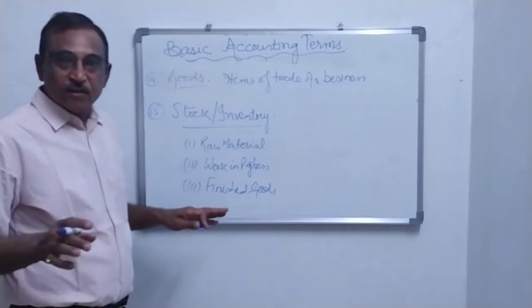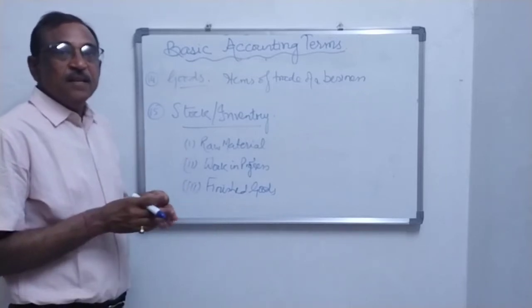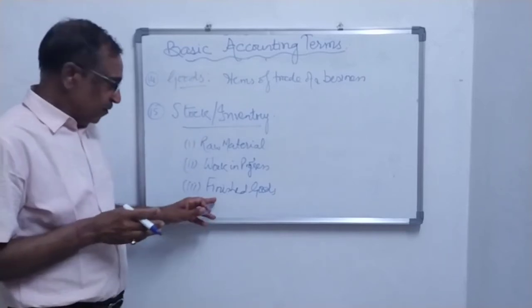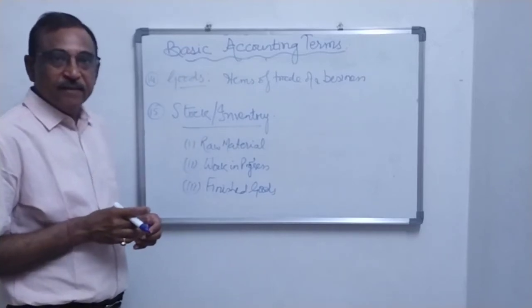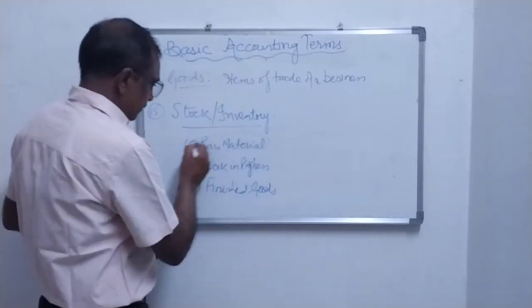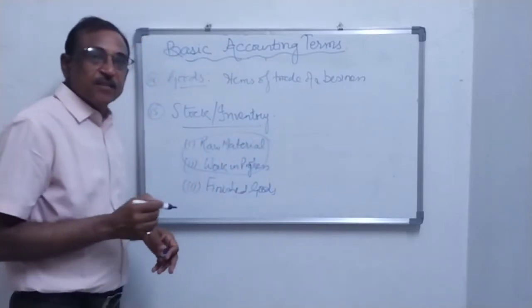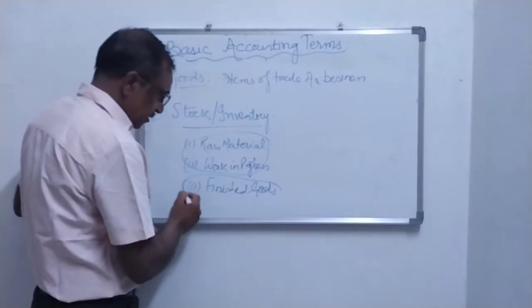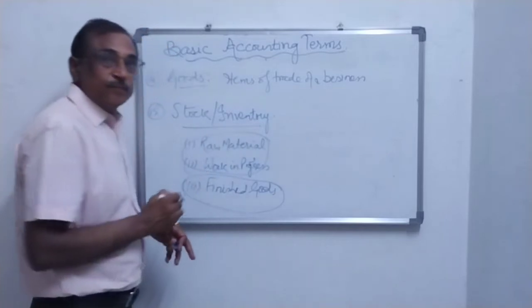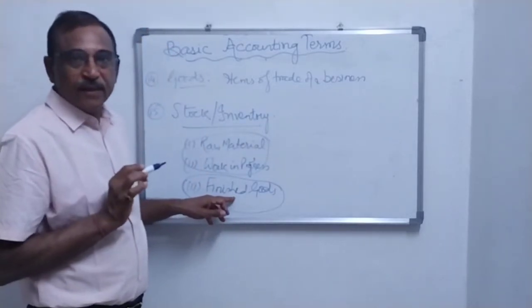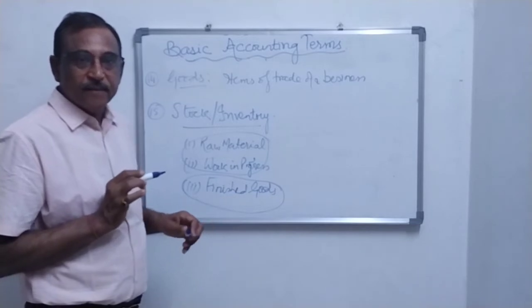So all the goods are not sold at a time. So whatever the stock lying at your end will be inventory of finished goods. Okay? Clear? And these are applicable only in case of manufacturing units. But in case of trading concern as well as in manufacturing unit, finished goods will be common. Okay?